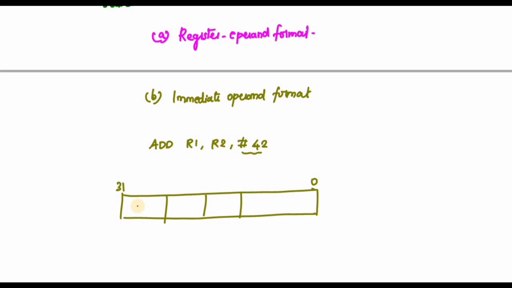One of the source operands I'm going to assign as R2, which ranges from 27 to 31, so 5 bits. And this destination operand, R1, is here. It is going to perform R1 is equal to R2 plus 42. So R1 ranges from 22 to 26, also 5 bits.